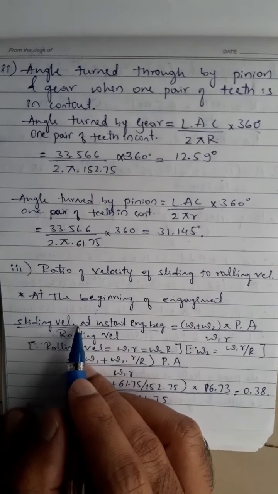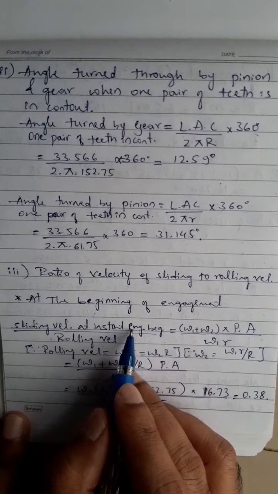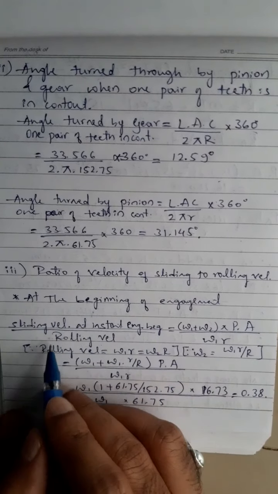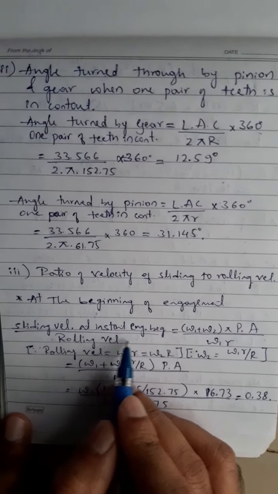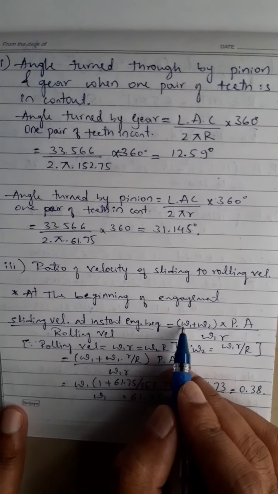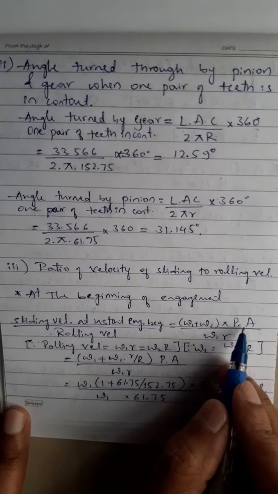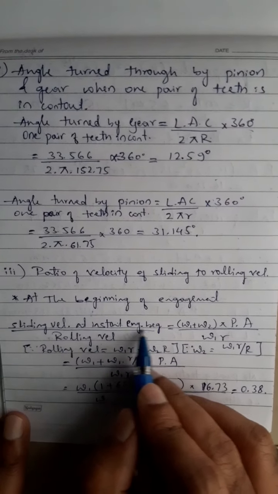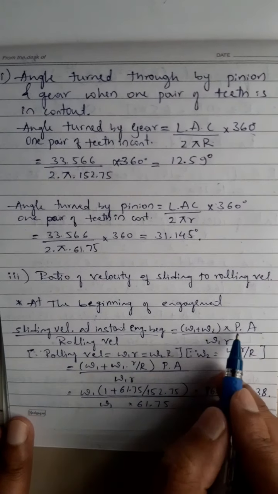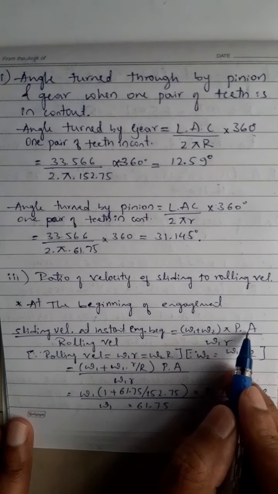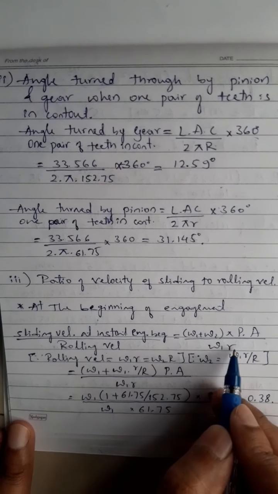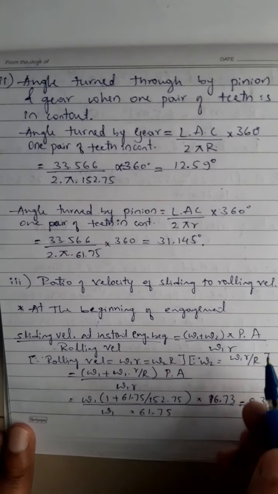So the sliding velocity at the instant engagement begins divided by the rolling velocity is equal to omega 1 plus omega 2 into path of approach, as it is the beginning of the engagement, divided by omega 1 into r.